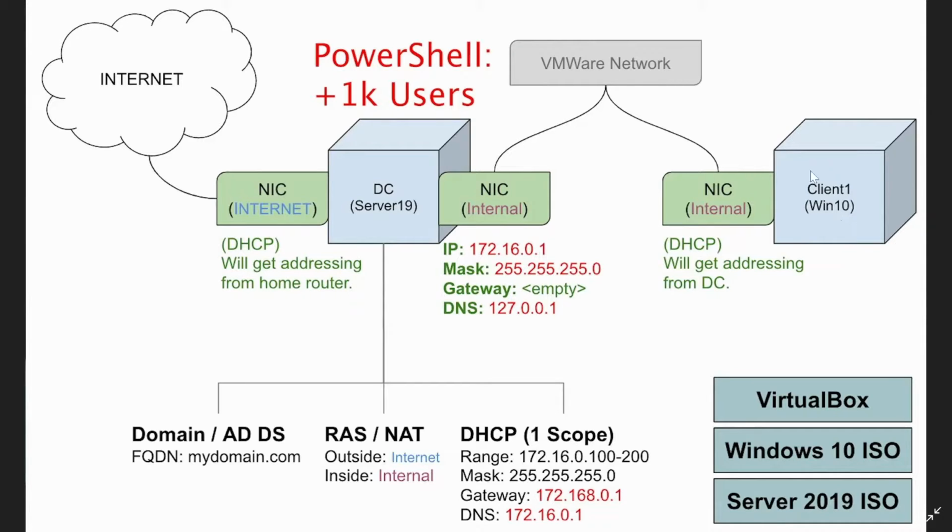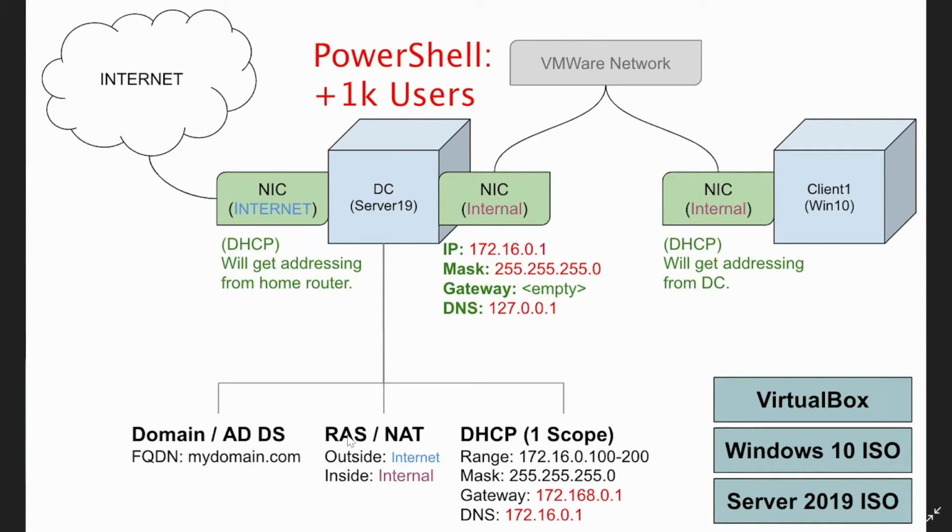And so that's why when we configured the second virtual machine, we created it as internal, with the NIC only used internally. And then after we created the domain controller, we installed the Active Directory Domain Services so we could create our domain.